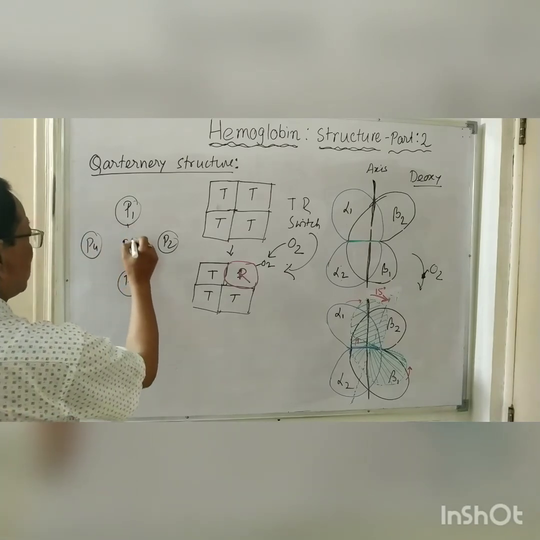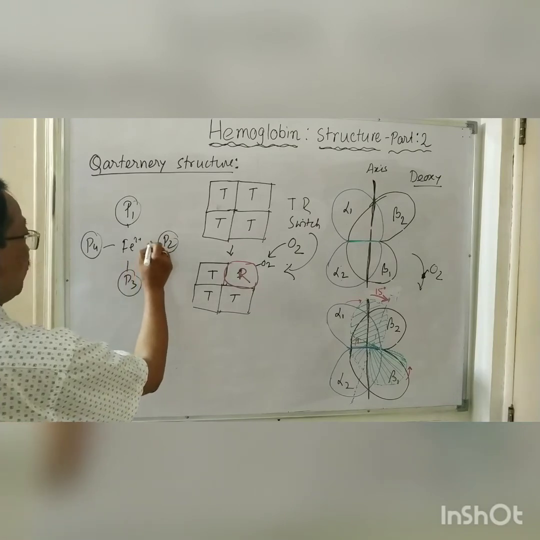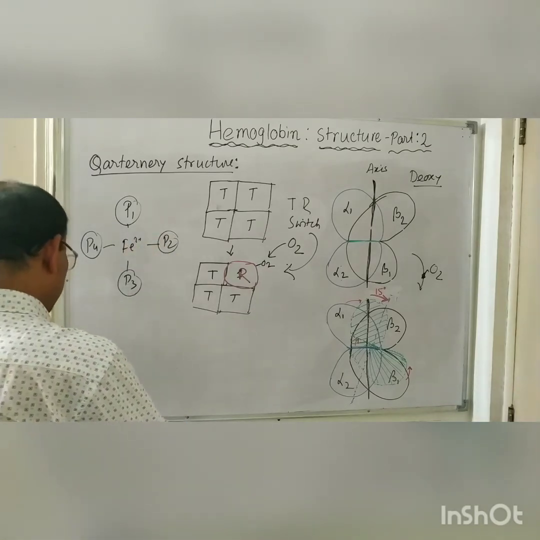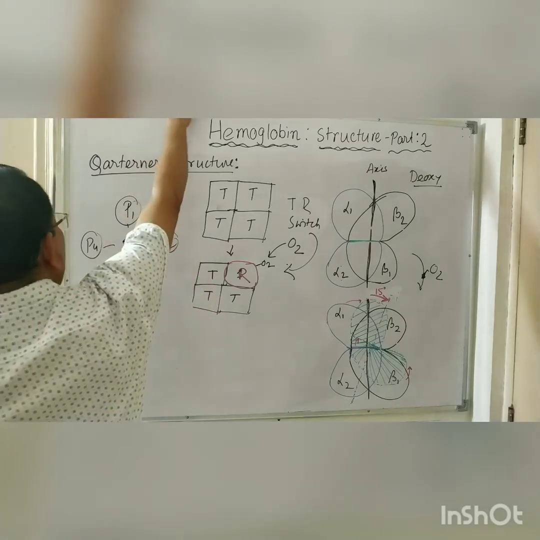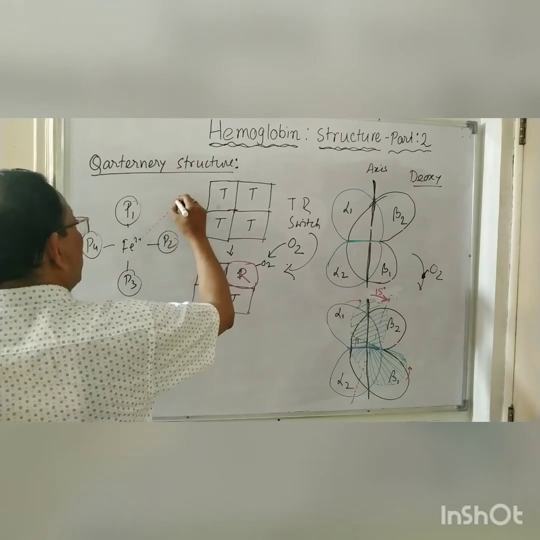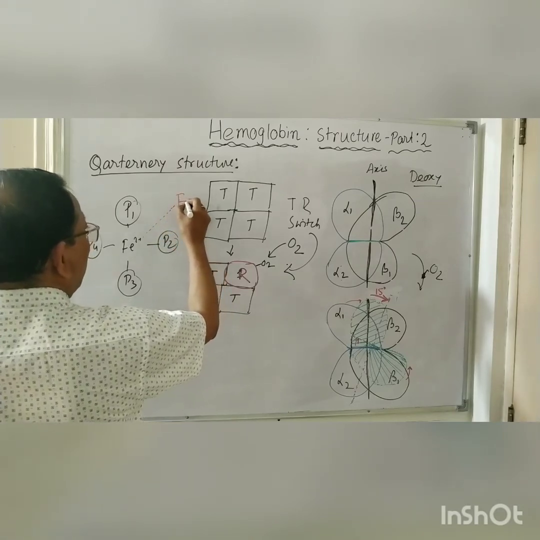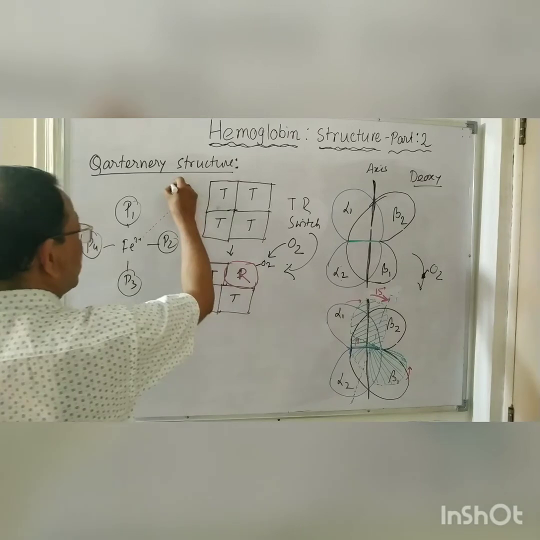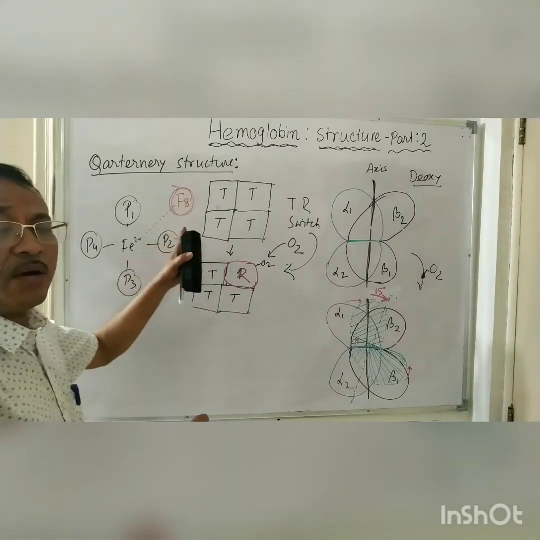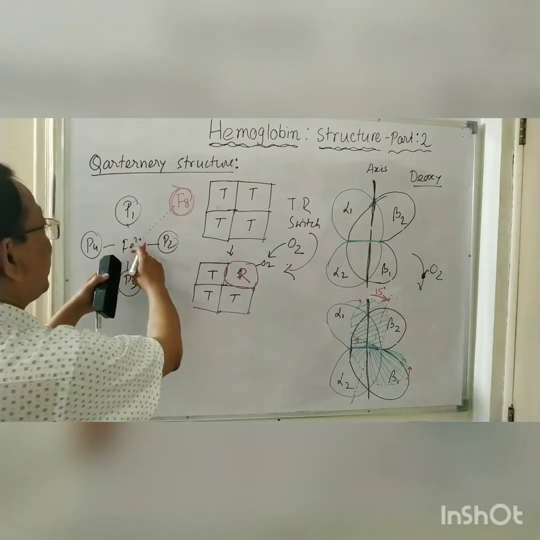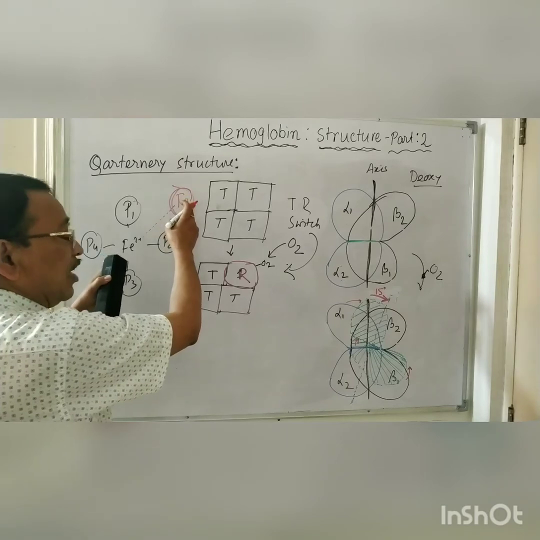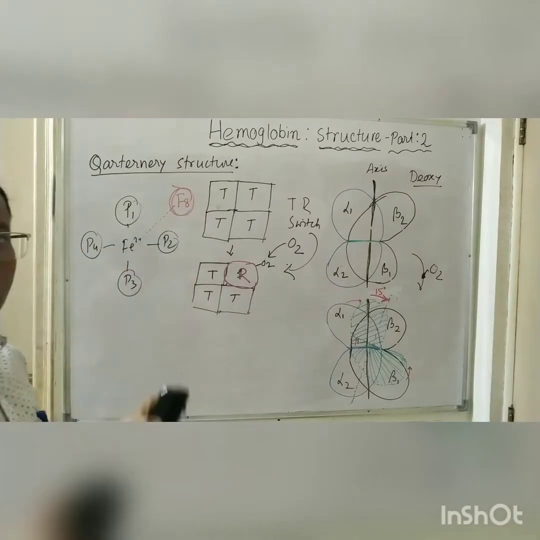So 4 valencies of the ferrous ion are attached to the 4 pyrrole rings, and as I told, the 5th valency of the ferrous ion is attached to the proximal histidine residue of the alpha chain or the beta chain.